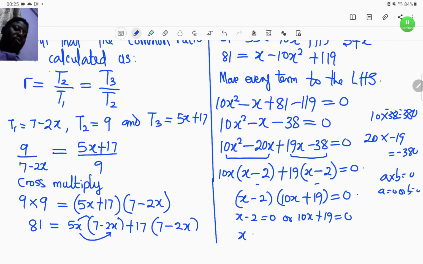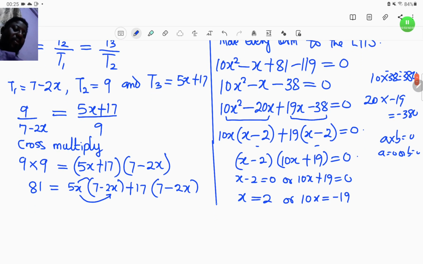If minus 2 goes to the other side, it becomes 2, or 10x equals negative 19, or we call it minus 19. From here, x equals negative 19 over 10.